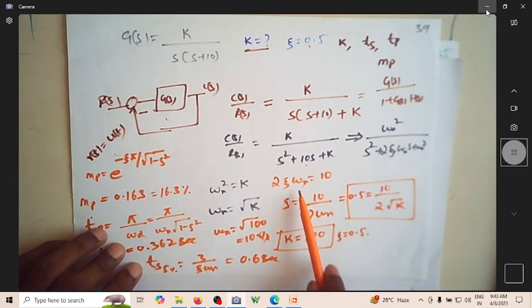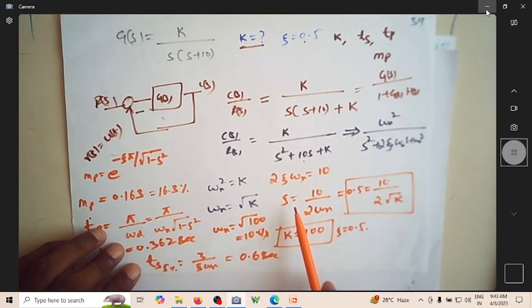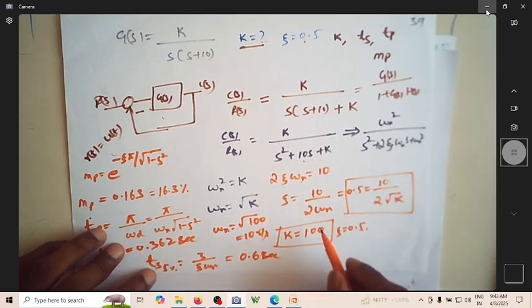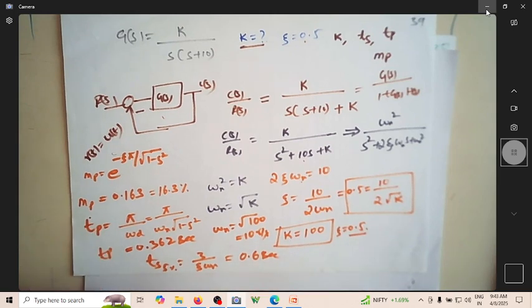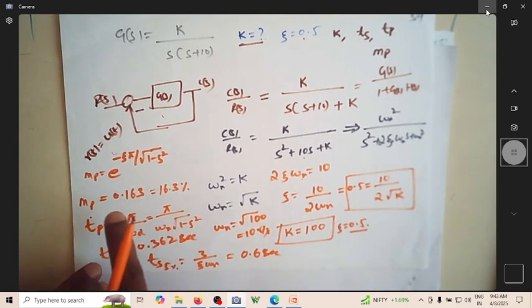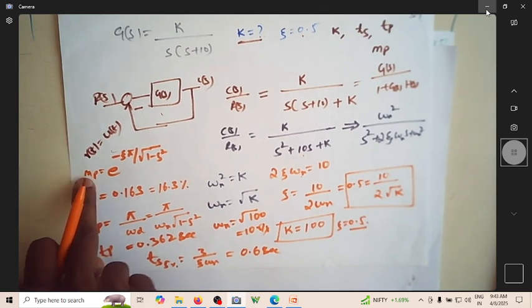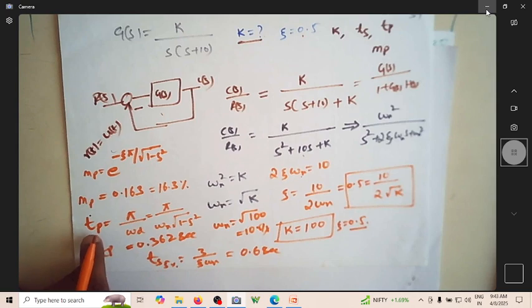We equated those two coefficients and found the relationship between zeta and this value. So for zeta equal to 0.5, we got the value of k as 100. With this k as 100, we are trying to find the maximum overshoot, peak time and the settling time.